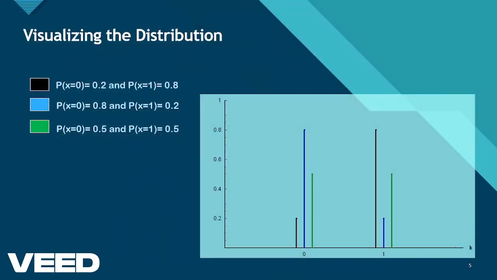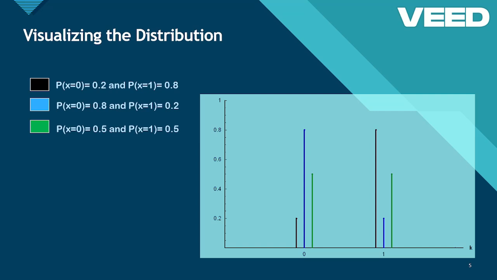Now we will elaborate the Bernoulli distribution and see the pattern and changes in the PMF, or the distribution, with the help of the graph. Now in the first graph we can see the probability of x equal to 0 is 0.8, and the alternative probability, for x equal to 1, is 0.2.